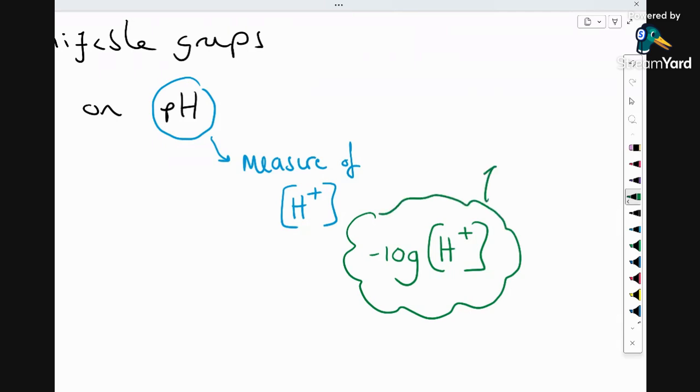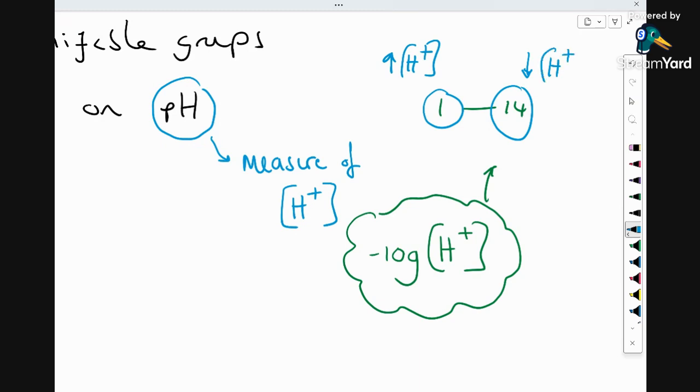Okay, and that, of course, is on a scale from 1 to 14, whereby pH 1 means there is a high concentration of protons. And if you're up the other end, pH 14, there's a very low concentration of protons. The reason why we minus log this number is to give us numbers that fit into the pH scale, right? 1 to 14.